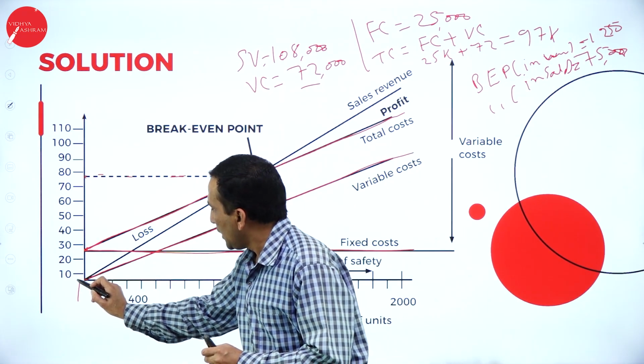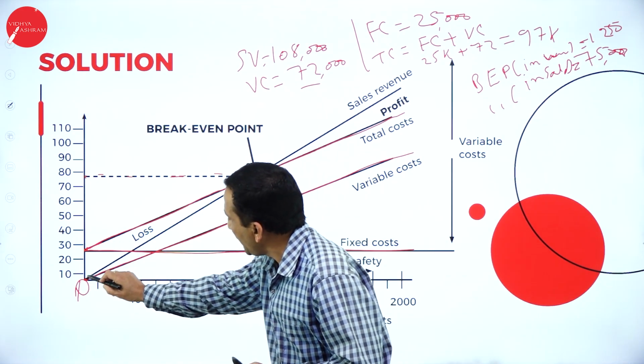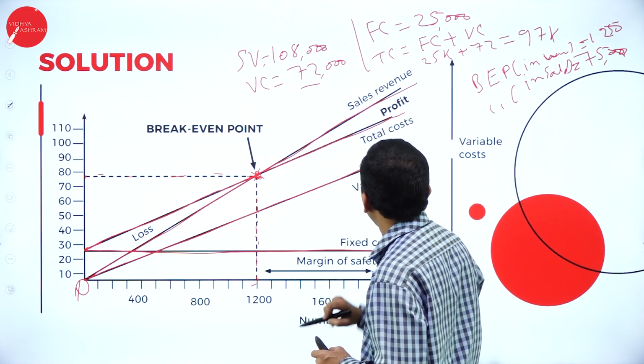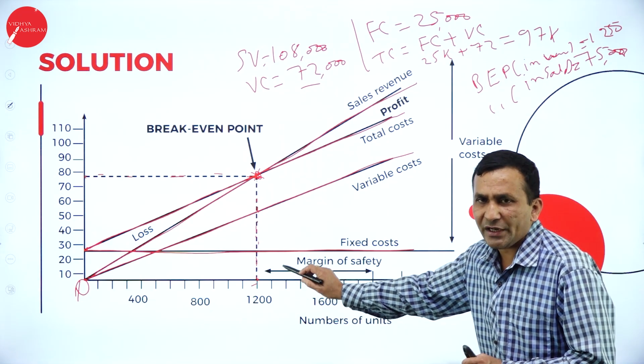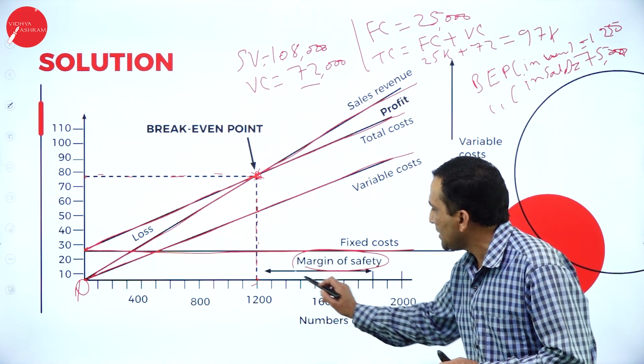Again from the origin, the line extended through the break-even point is called the sales revenue. The difference between the fixed cost and the x-axis origin we call the margin of safety.